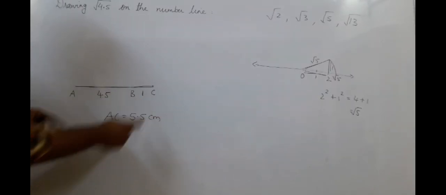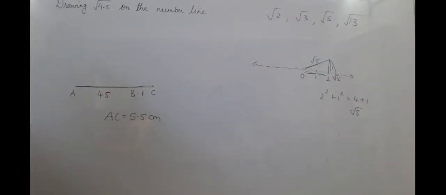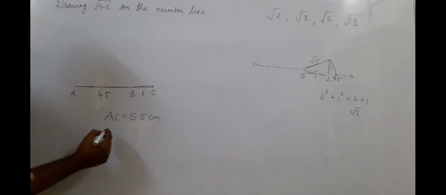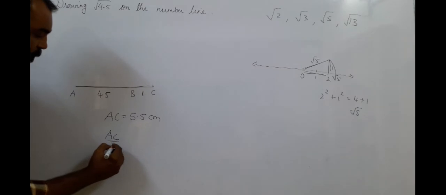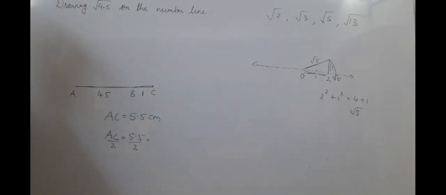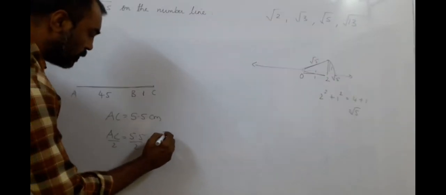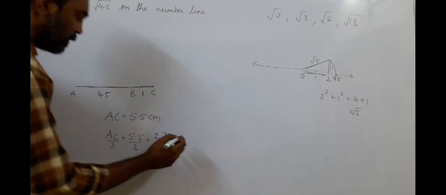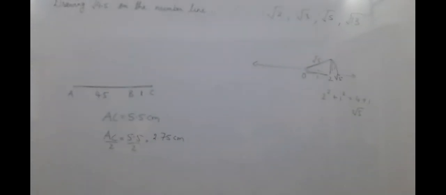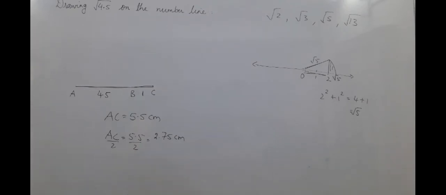If I want AC the diameter, then half of AC should be the radius. So if AC is 5.5, then AC upon 2 will be how much? 5.5 upon 2. How much is that? 2.75 centimeter, right? 2.75 centimeter. But it is very difficult to draw 2.75 on the scale.